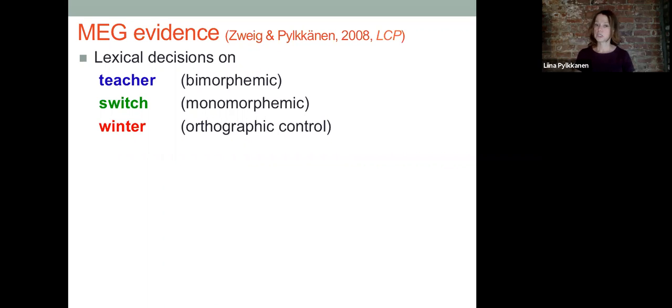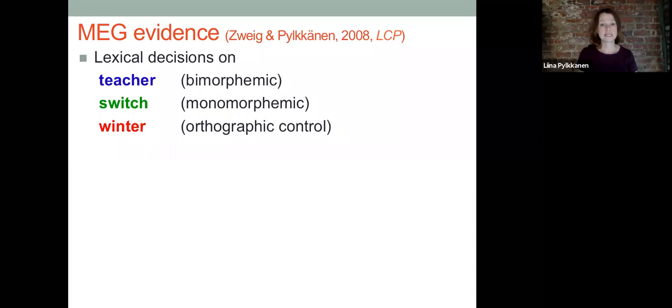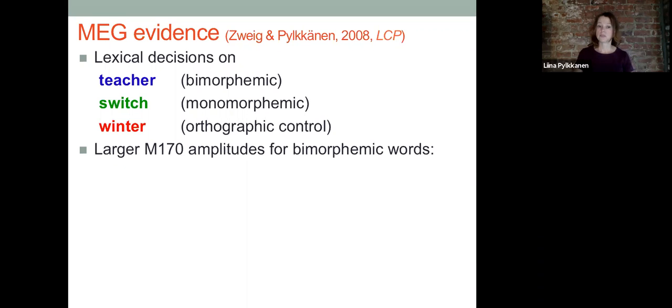What we learned is that yes, the M170 response, which remember we think originates basically from the visual word form area, was sensitive to the manipulation of morphological structure. Specifically, we saw larger M170 amplitudes for the bimorphemic words.